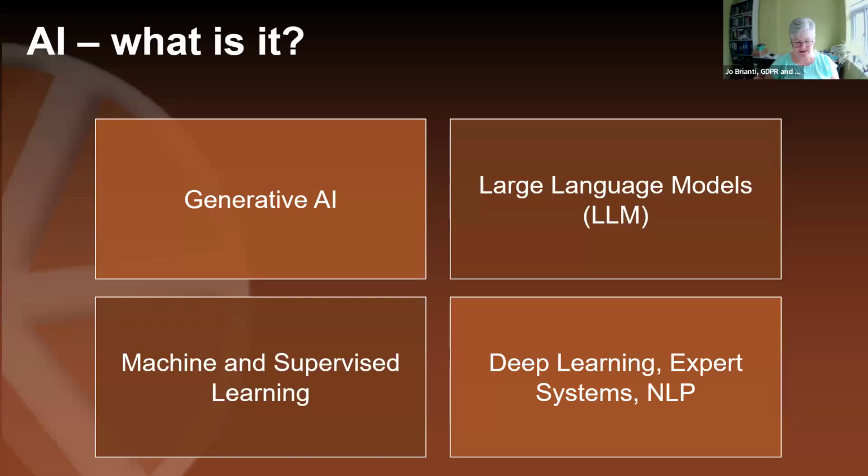Machine and supervised learning. Now we're getting into the really technical kind of stuff here. Machine learning is all about algorithms. It's all about training it, but it's using those algorithms to do some really complex calculations.